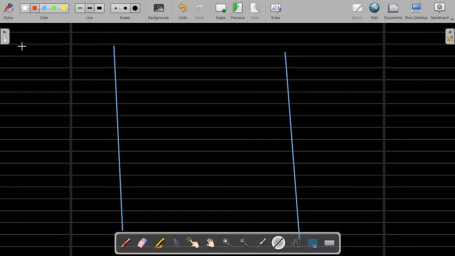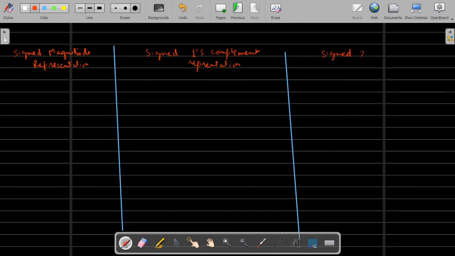Signed magnitude representation, signed one's complement representation, and signed two's complement representation. Okay, starting with plus 1.